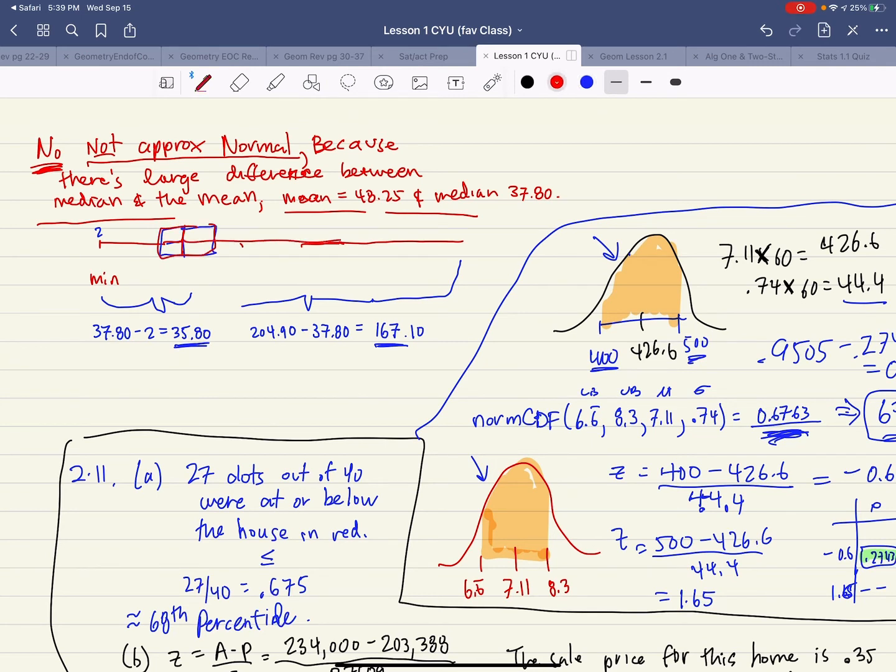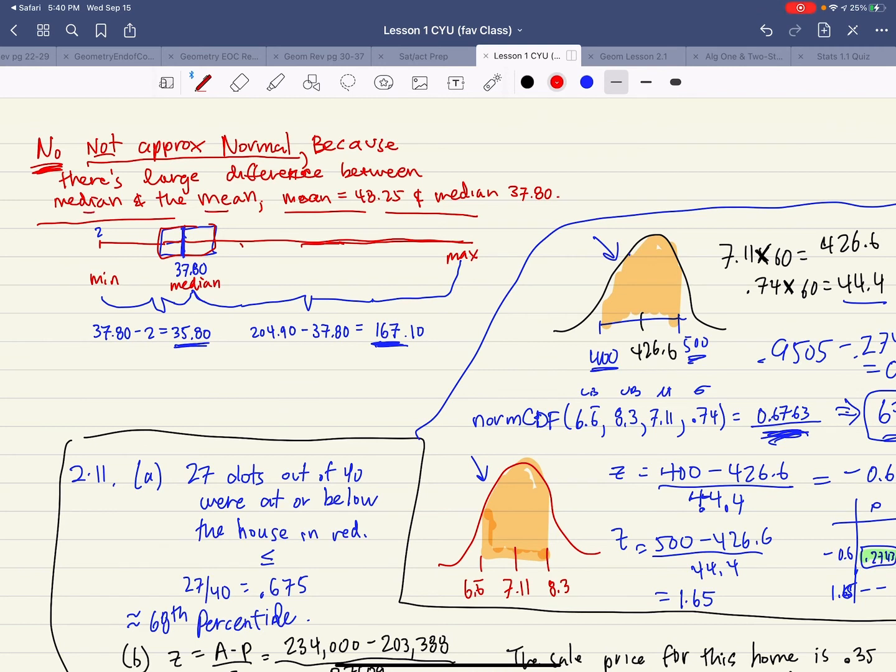So it might look something like this. If the median is 37.8 on a number line, this is a lot, 5 times longer to get up here to the max. So that would be another reason it is not symmetrical.